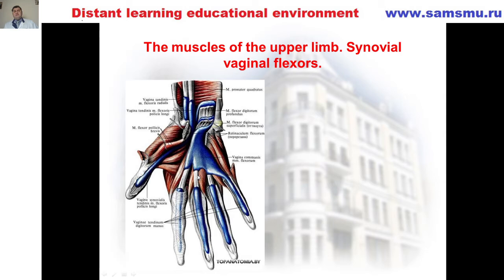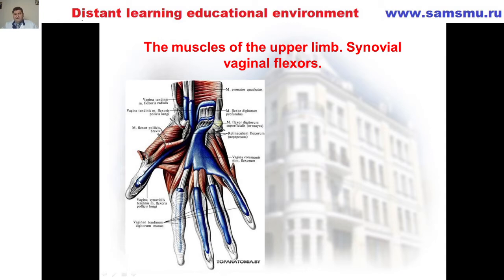So also you may see the synovial sheaths of the flexors. You may see that the synovial sheaths of the flexors of the index, middle, and ring fingers are isolated. You may see this feature on this picture, and also you can see that the synovial sheath of the little finger passes to the common synovial sheath of the flexor muscles, and then it passes to the forearm.